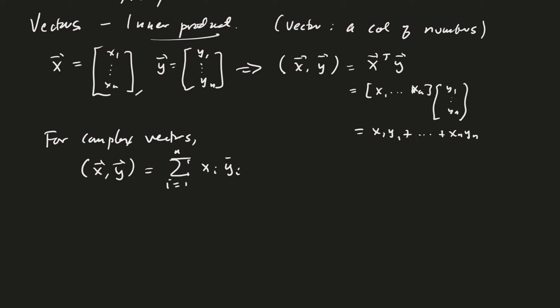Okay, so that means you take the dot product of the two vectors, but you have to take the conjugate of y first.